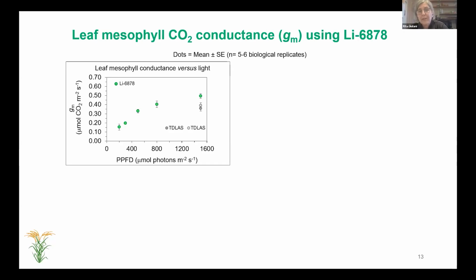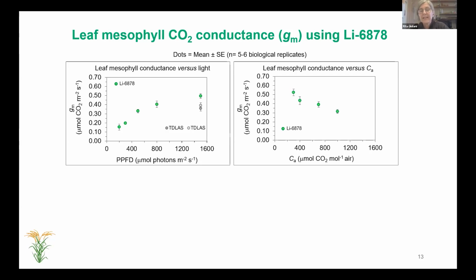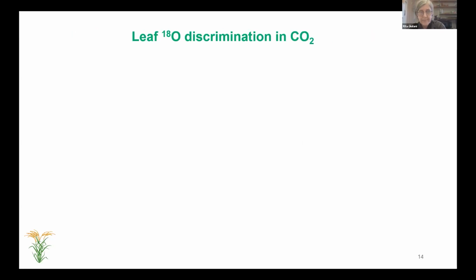Compared to the reference technique, the absolute values are a little bit different, but the variability is in the same range. So this is positive. And then the mesophyll CO2 conductance versus the atmospheric CO2 level shows the expected decreasing trend, again with low variability in all conditions.